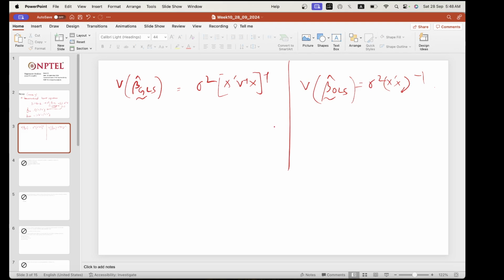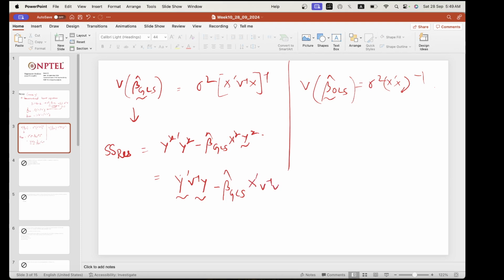Alright, so from the GLS model, if we had to calculate the sum of squares due to residuals, that would be y star transpose y star minus beta hat GLS, because beta hat GLS is OLS on the transformed model, so this would be beta hat GLS times x star transpose y star. And if we solve, it would actually come up to this: y transpose V inverse y minus beta hat GLS times x transpose V inverse y.